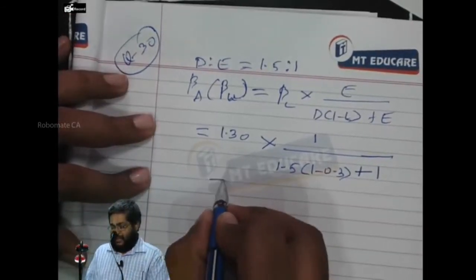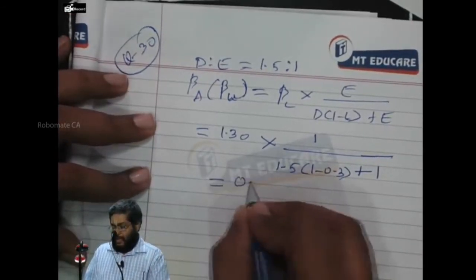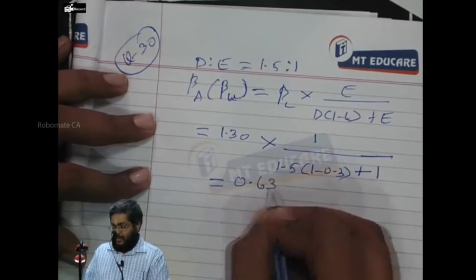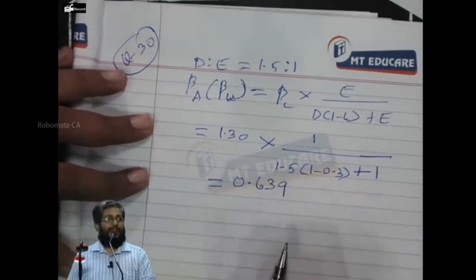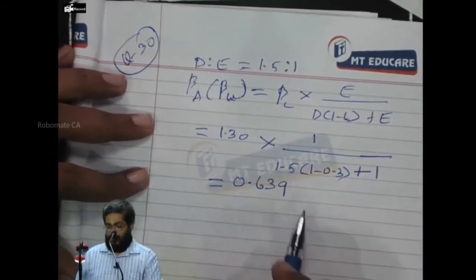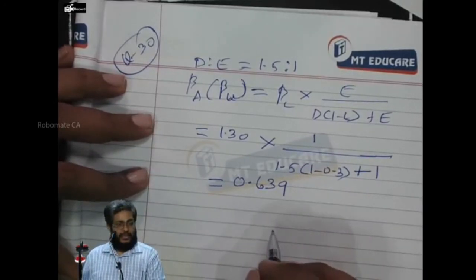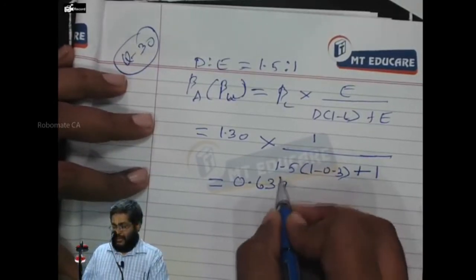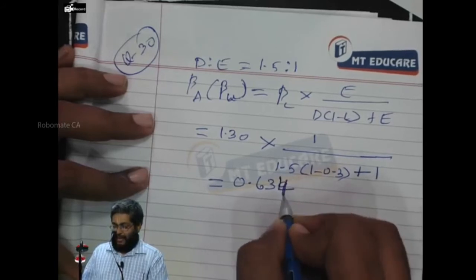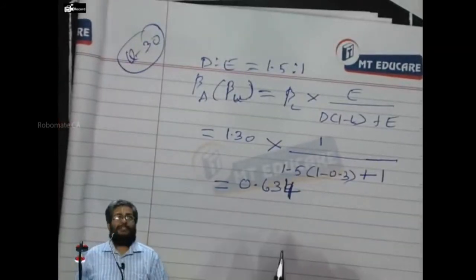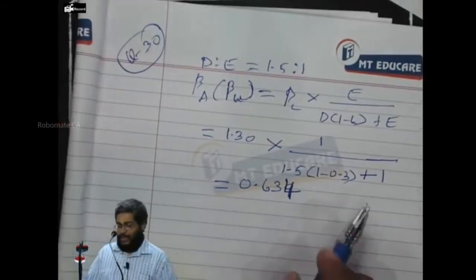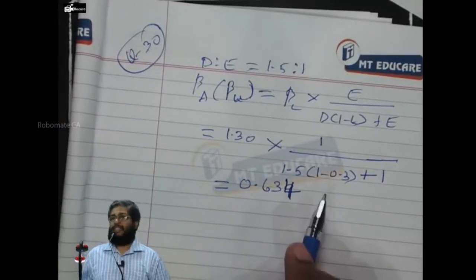Can somebody simplify and tell me the number here? 0.639 times. Now the number, don't tell me 0.634. So the beta of asset is equal to 0.634.